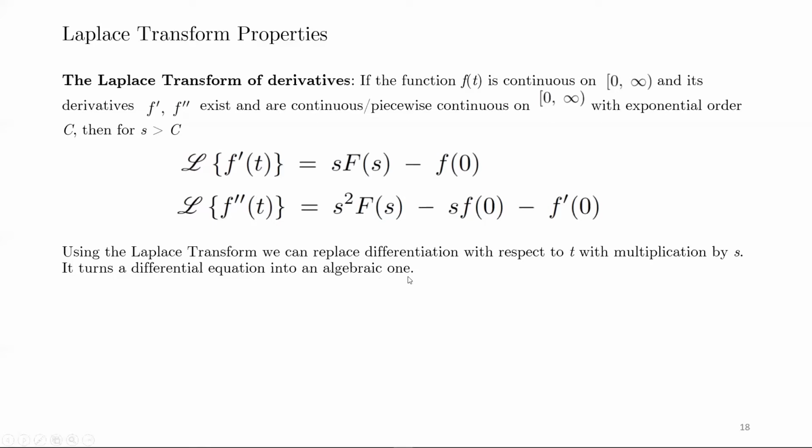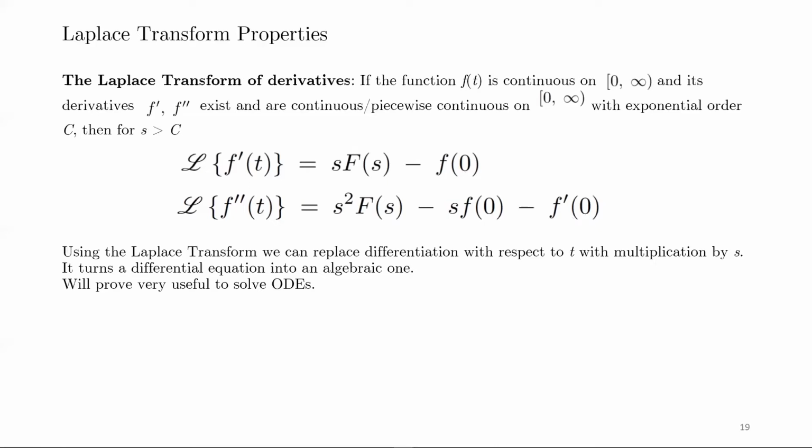We're actually turning an initial value problem into an algebraic equation. Because this thing f of 0 and this thing f prime of 0, these are initial conditions. Okay, so this is going to be really useful to solve, I say here ODEs, but in fact I mean initial value problems.